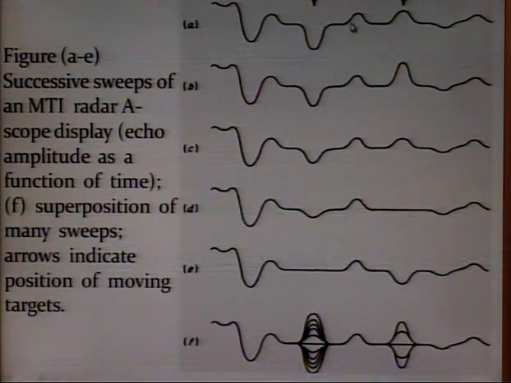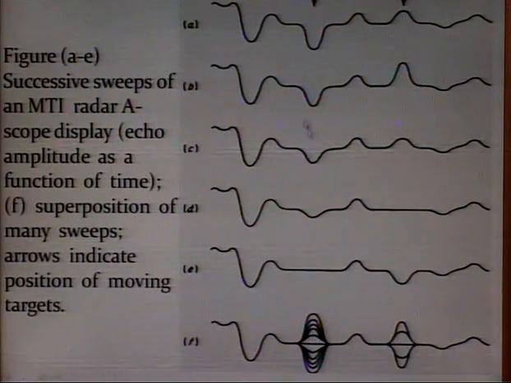So, if we superimpose all these 5 displays or these 5 characteristics on each other, then what will we find? This will remain the same as it is here, this will also remain the same as it is here, but here the pattern is changing.